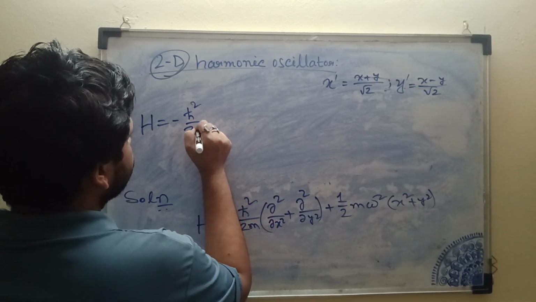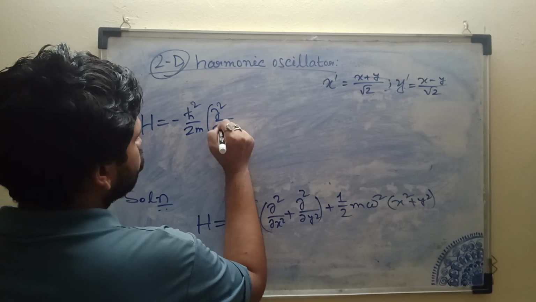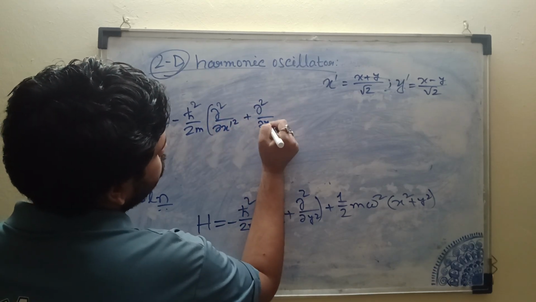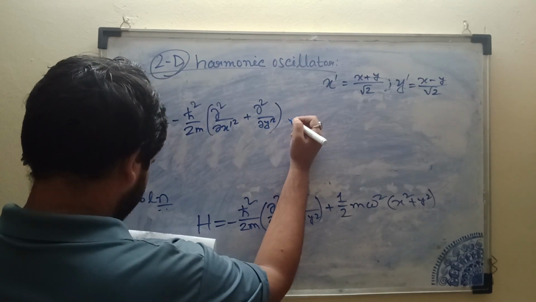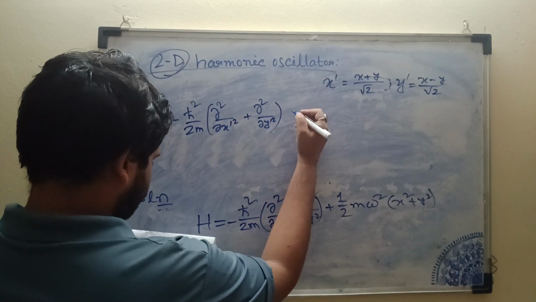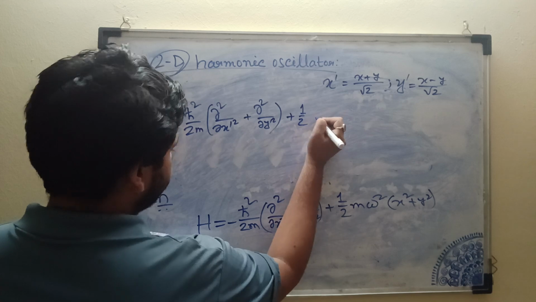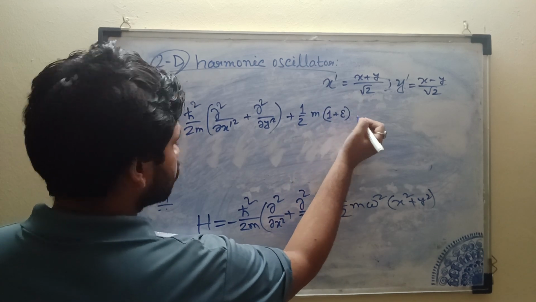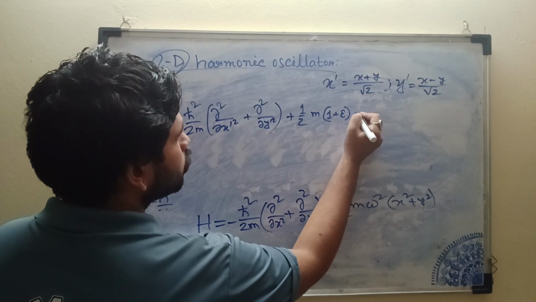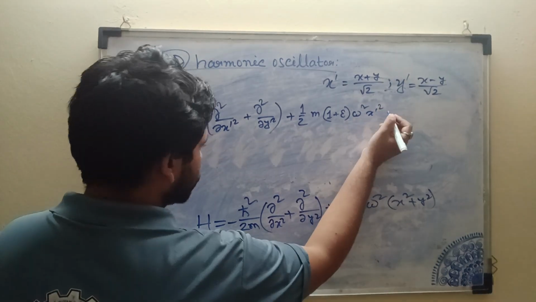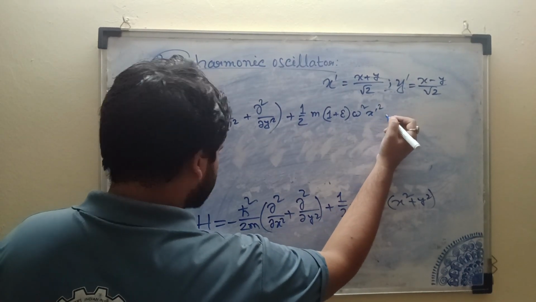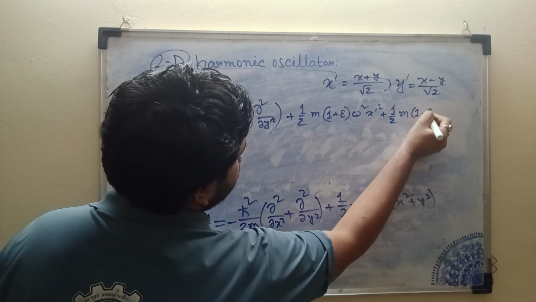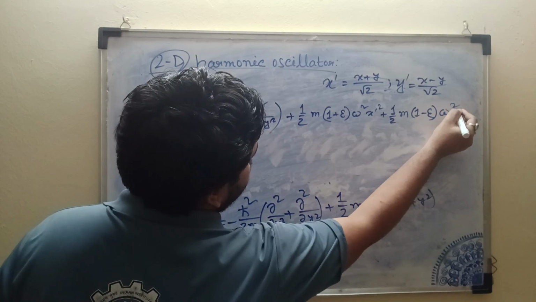H bar squared by twice m (del² by del x prime² plus del² by del y prime²) plus half m (1 plus epsilon) omega squared x prime squared plus half m (1 minus epsilon) omega squared y prime squared.